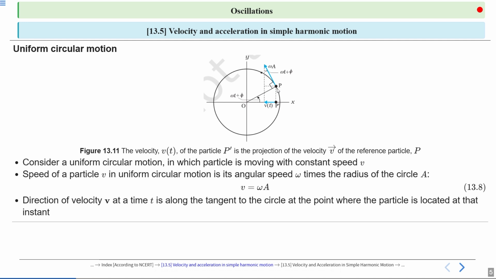This means the direction is always changing even though the speed stays constant, because at every point on the circle the tangent is different. Understanding this changing direction is important because it leads to the concept of acceleration in circular motion.